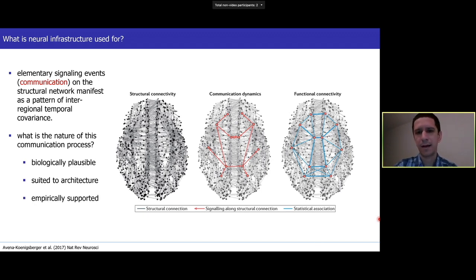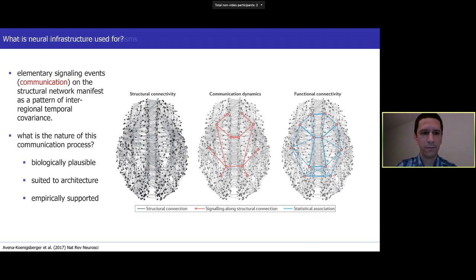And finally, because we think that patterns of functional connectivity arise from communication processes, we can ask what types of communication processes actually make the best predictions about functional connectivity given structural connectivity. And we can use this to disambiguate and select the most plausible models.